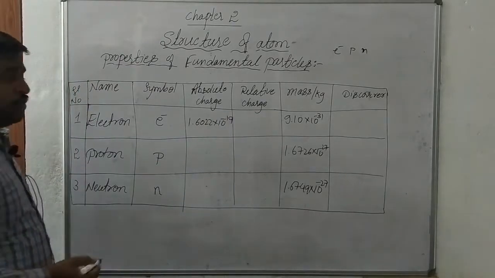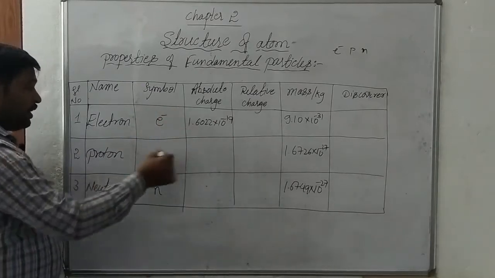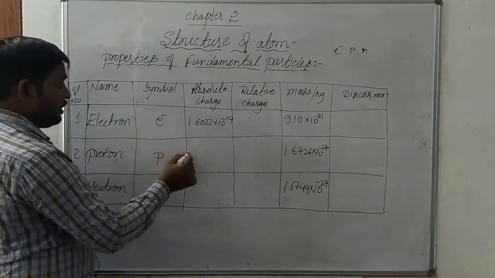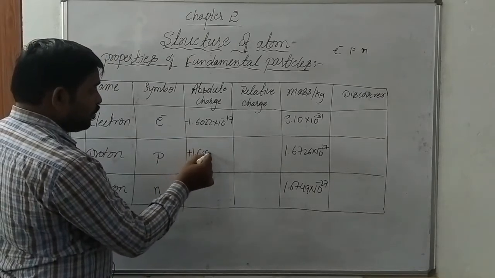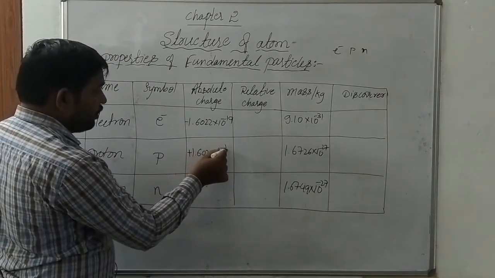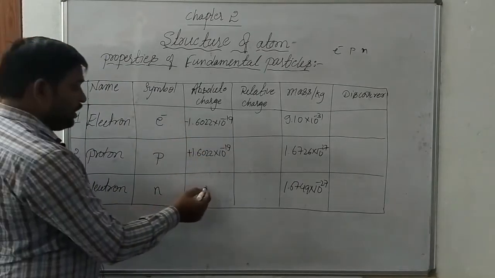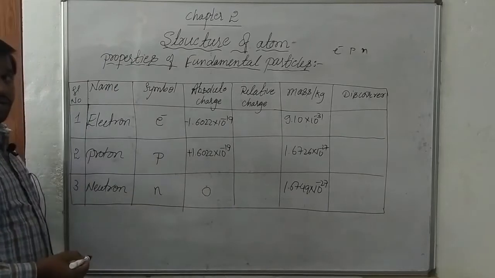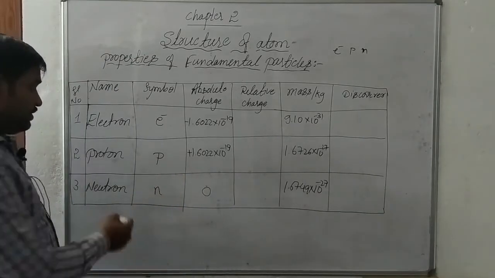The absolute charge of a proton is plus 1.6022 times 10 to the power of minus 19. The absolute charge of a neutron is 0.